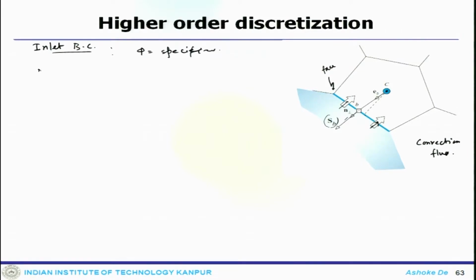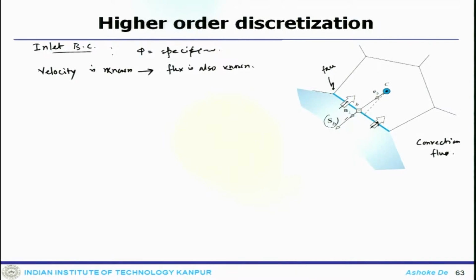So, which means if the velocity is known, that leads to the flux also being known. If you know the velocity, then you can also say the flux is known.